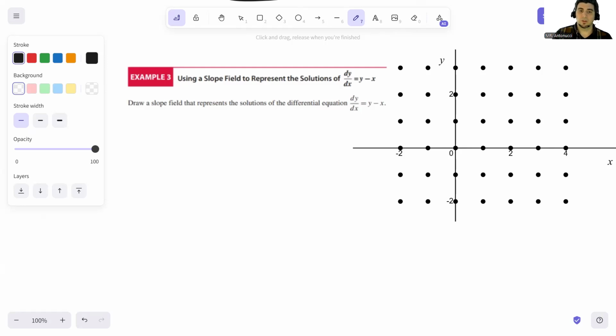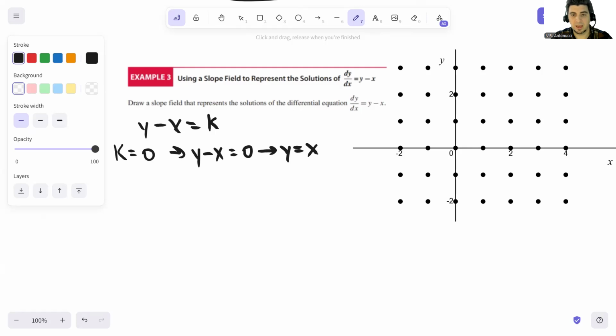So the easiest thing to do is let y minus x equal k, where k is a constant. So if k equals 0, then y minus x equals 0, which means that y equals the x value.